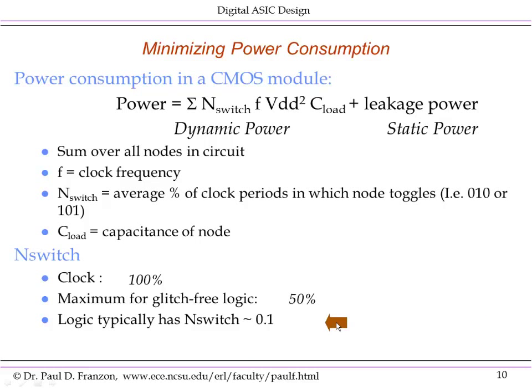However, typically logic has an N switch much less than that, and to actually calculate this accurately you would need to extract N switch from the circuit simulator, and that's what's actually done in a power simulator, extracting N switch from a simulation of the circuit for each and every node and then using this equation.